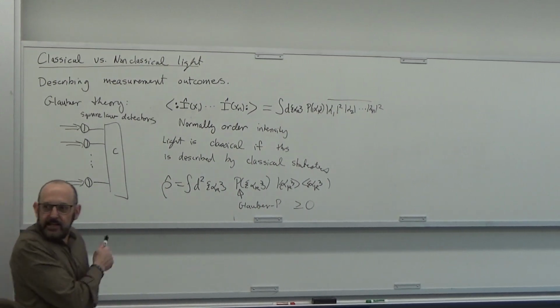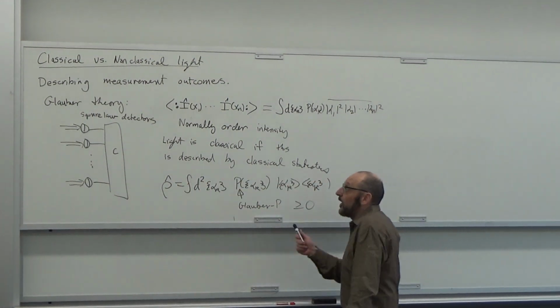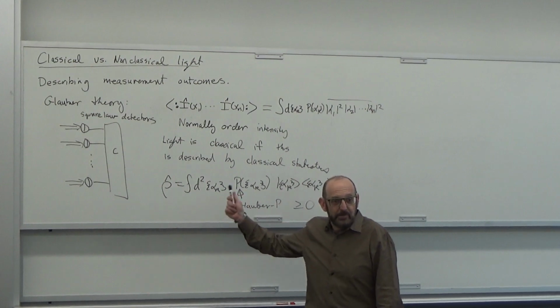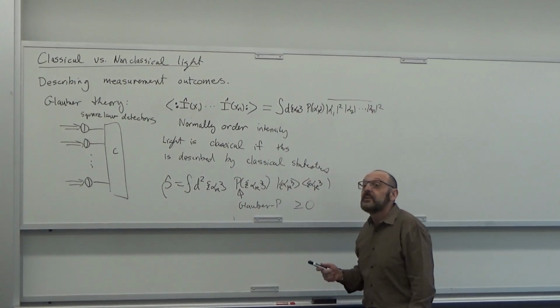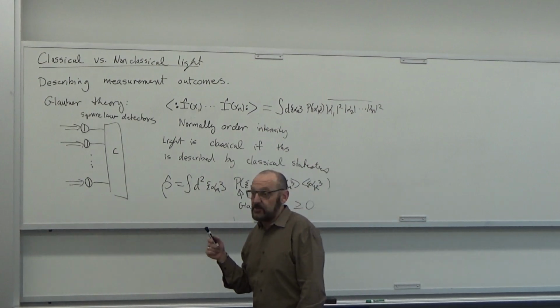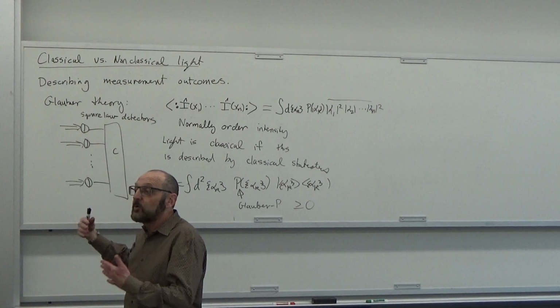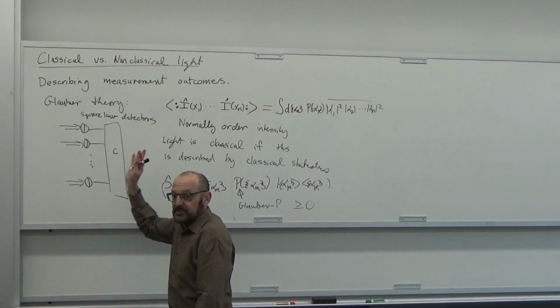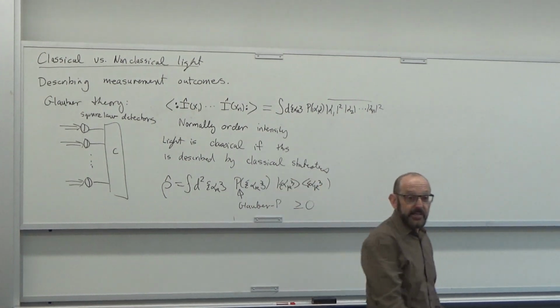And squeezing has, in some directions, fluctuations below the vacuum level. So it can't be described. So in that sense, squeezing is non-classical. In the sense, if we try to do some direct photon counting, we're going to see sub-shot noise. We could see sub-Poissonian statistics, for example.